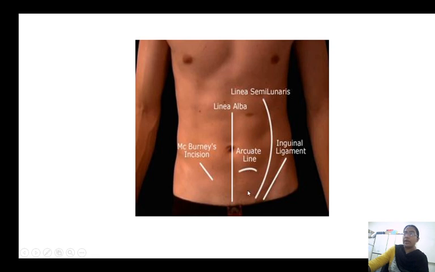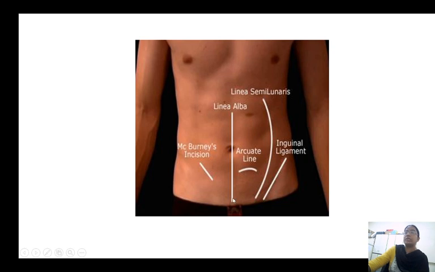Beneath the arcuate line, the internal oblique doesn't divide. It is only one sheet. There is no division into anterior and posterior. Along with the internal oblique, even the transverse abdominis comes and inserts directly, forming an aponeurosis.